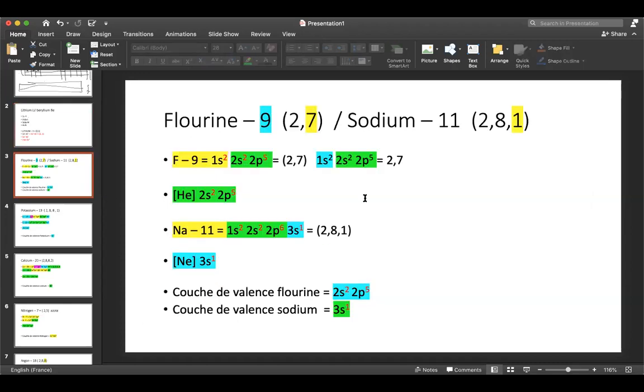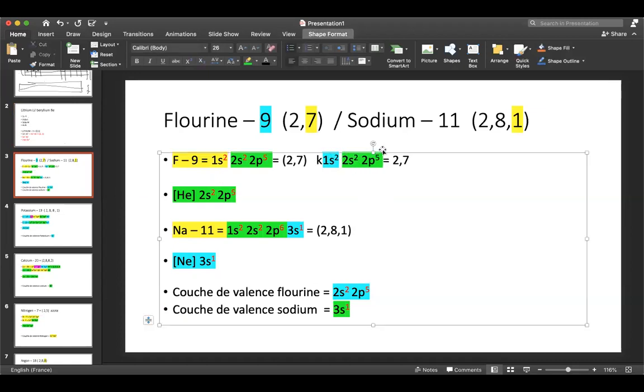Therefore, in our case here, we have a K, and we have an L, which represents this, and a K, which represents this here.